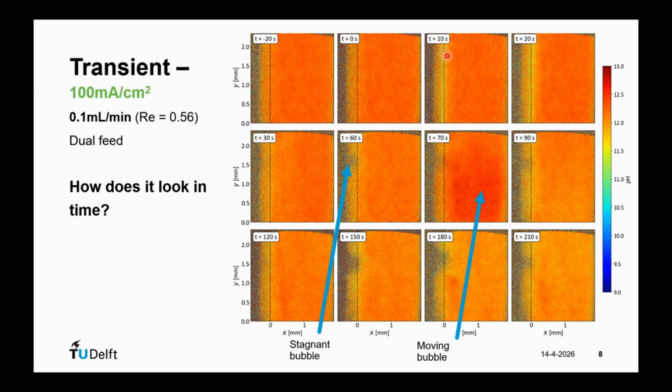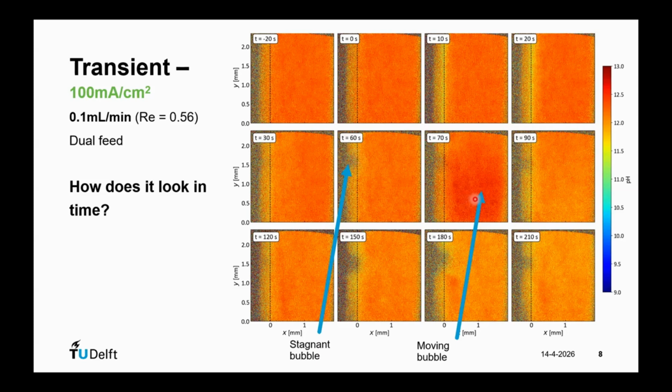We see how that gradient increases in time, but then it is depleted. Our hypothesis is that it is because of mixing happening inside, more particularly bubble-induced mixing. We can also see other things. For example, here there is a stagnant bubble in the porous transport layer.